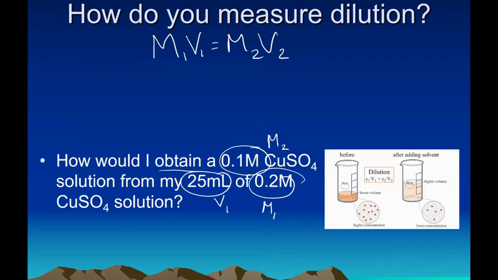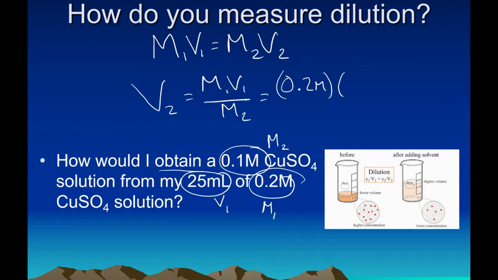I'm going to plug that in to solve for my V2, because I'm really being asked what my final volume is going to be. My final volume is M1V1 over M2. So 0.2 molar solution times 25 milliliters, and I can keep my 25 milliliters because that will allow me to answer in milliliters, divided by 0.1 molar.